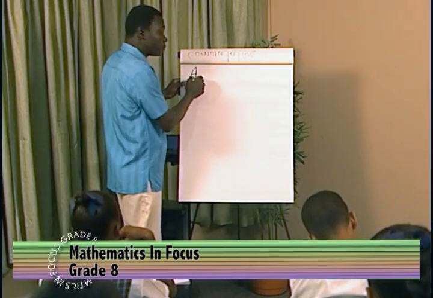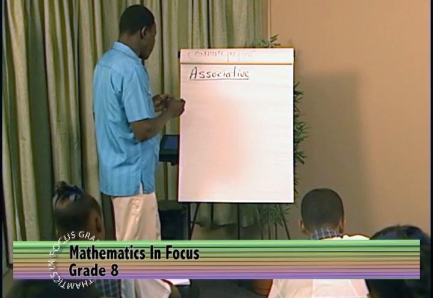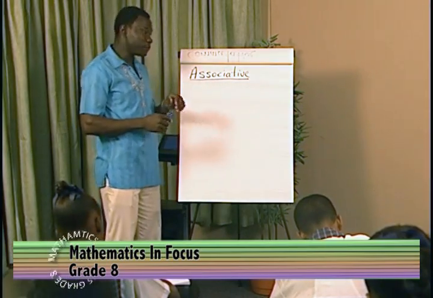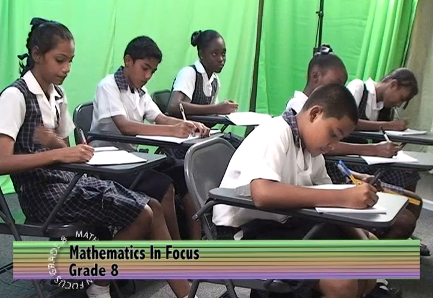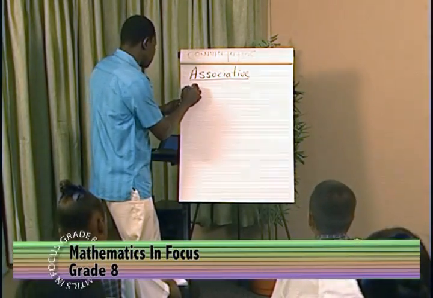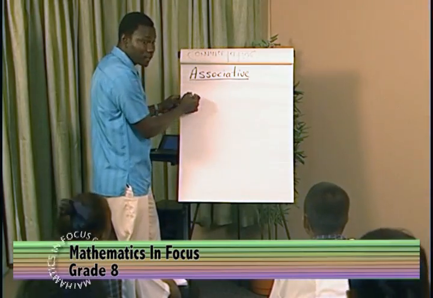Let us look at another property, and this property is called the associative property for intersection. And what does the associative property for intersection say? Let us say we have three sets.